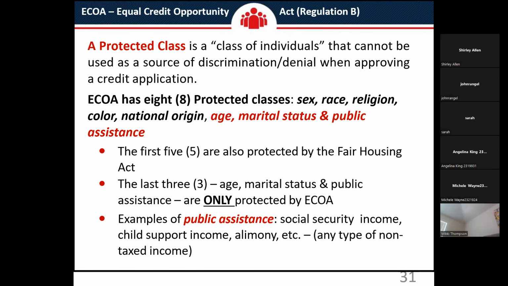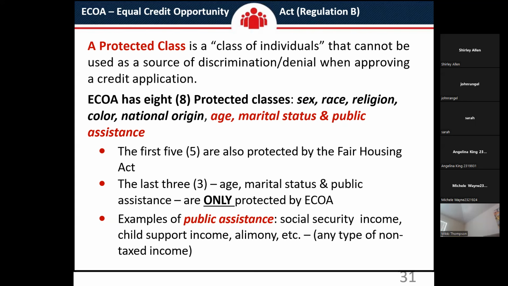ECOA has 8 protected classes: sex, race, religion, color, national origin, then age, marital status, and public assistance. Note the ones in red. You're going to come in contact with those more often than not. The first 5 are also protected by the Fair Housing Act. The last 3, age, marital status, and public assistance, are only protected by ECOA.